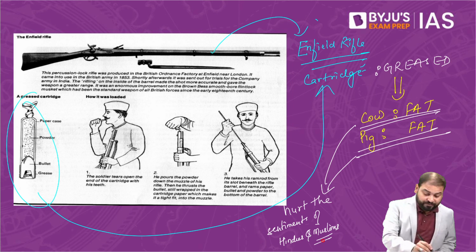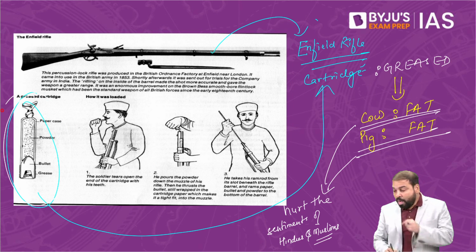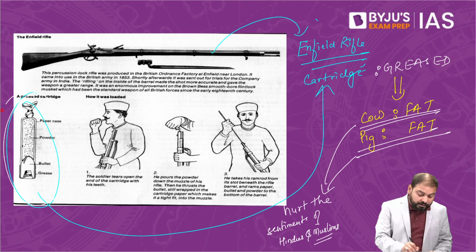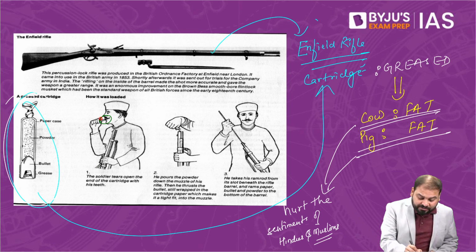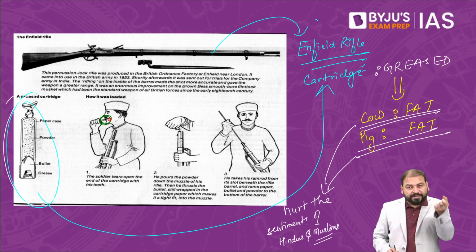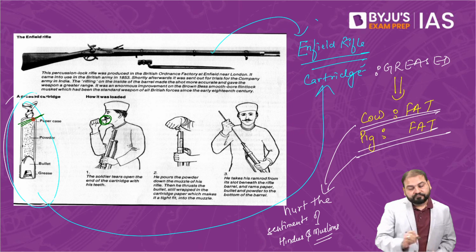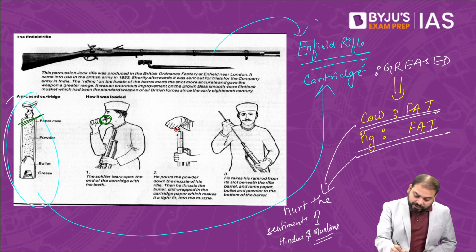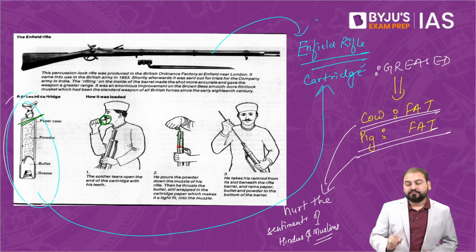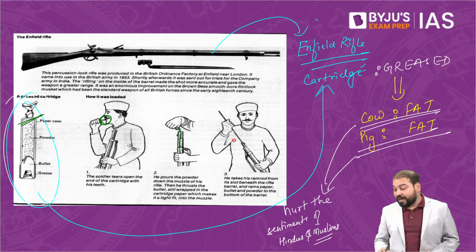Why? Because the cartridge was like this. You had to bite it to open the knot. Then the gunpowder had to be filled in the gun, and only then could the firing happen.